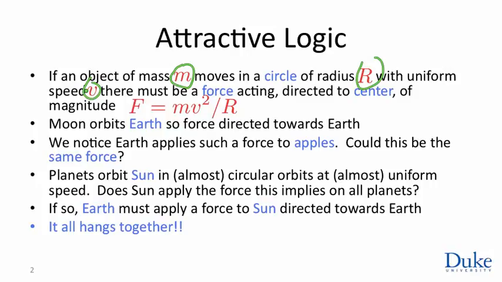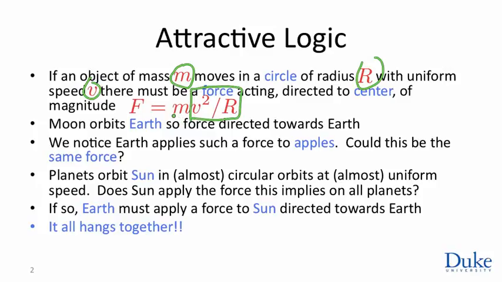So if you see anywhere in the universe an object that is governed by Newton's laws, like everything is, moving around in a circle of radius r with speed v, then there is a force acting on that object attracting it towards the center of the circle in which it is moving, and the magnitude of that force is the centripetal acceleration that we computed, v squared over r, times the mass of the object, because F equals ma. If you know the acceleration, you can deduce the force.